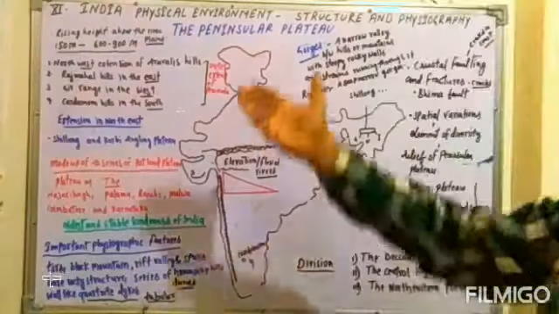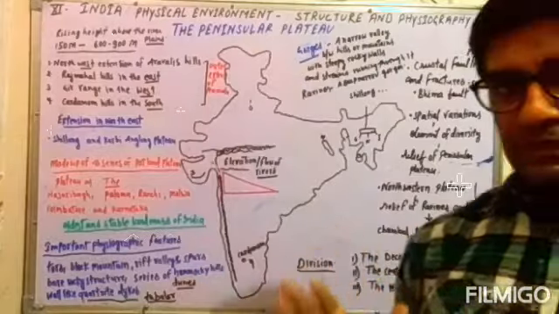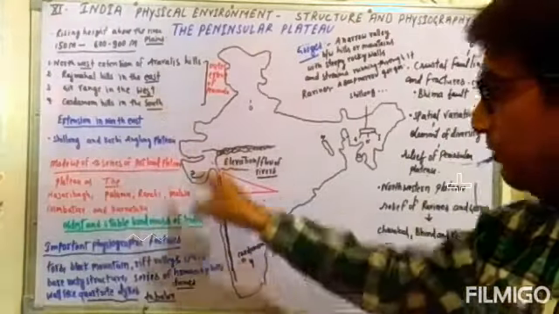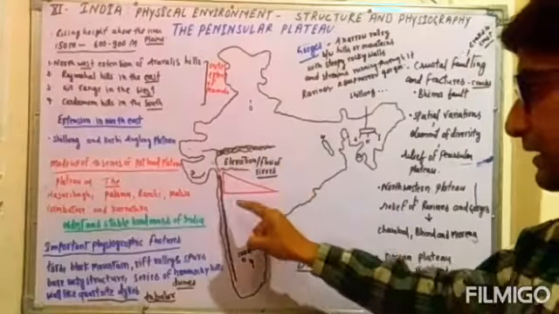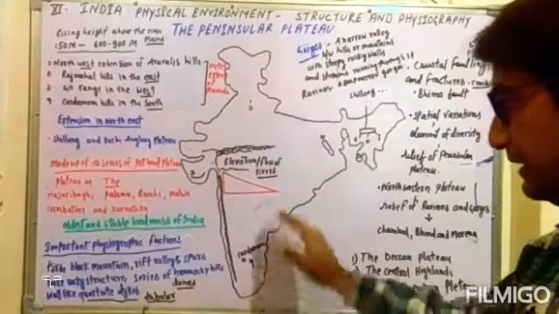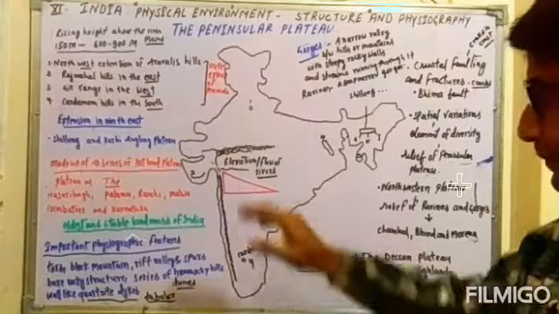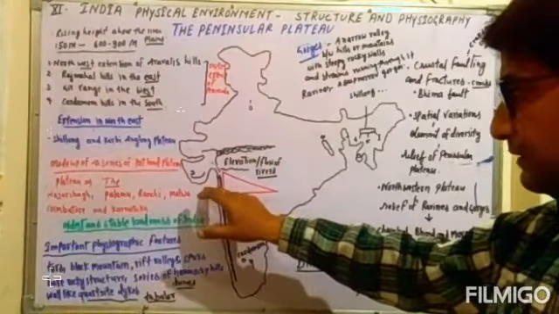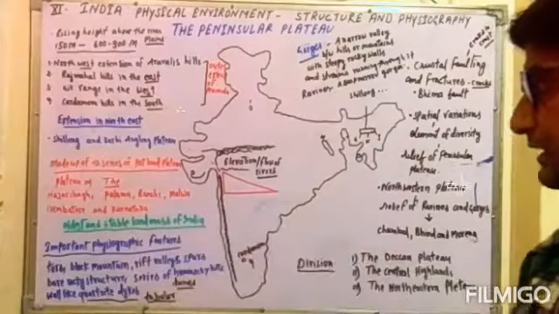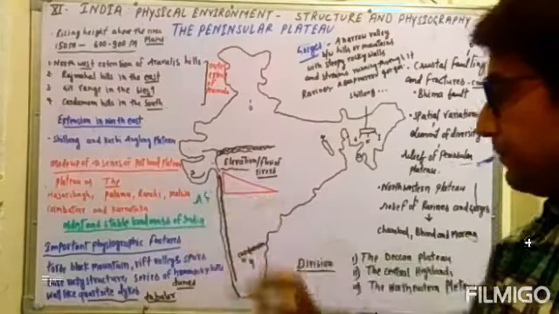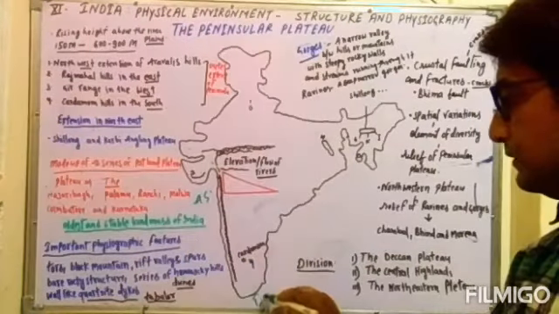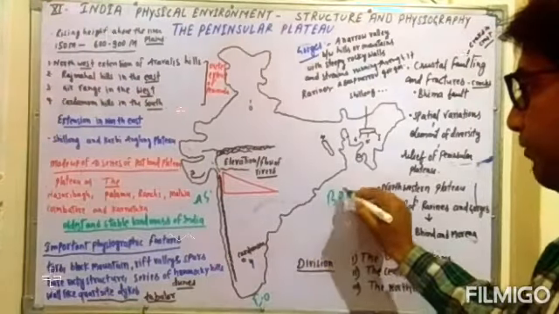The second thing is the term peninsular. Peninsular means a piece of the earth, like India, the piece of the country in the south direction, which is surrounded by water on three sides. You can see there is the Arabian Sea, the Indian Ocean, and the Bay of Bengal.